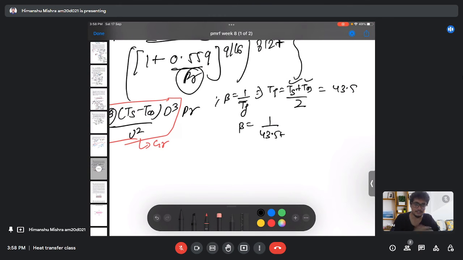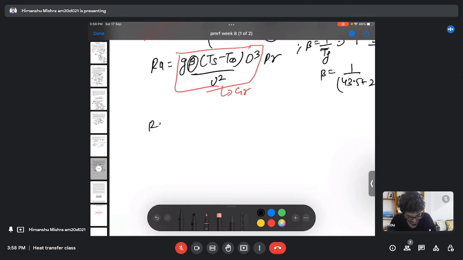To find beta, we need to convert this temperature into Kelvin. Always convert the temperature into Kelvin to find beta. My beta will be 1/316 Kelvin inverse. So my Rayleigh number will be, this is the gravitational acceleration, this is my beta, and my temperature difference is already given in the question, and the diameter is also given.